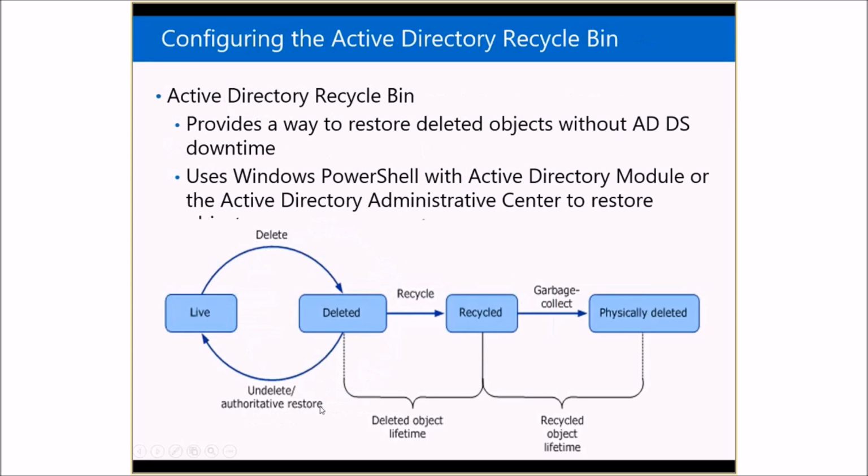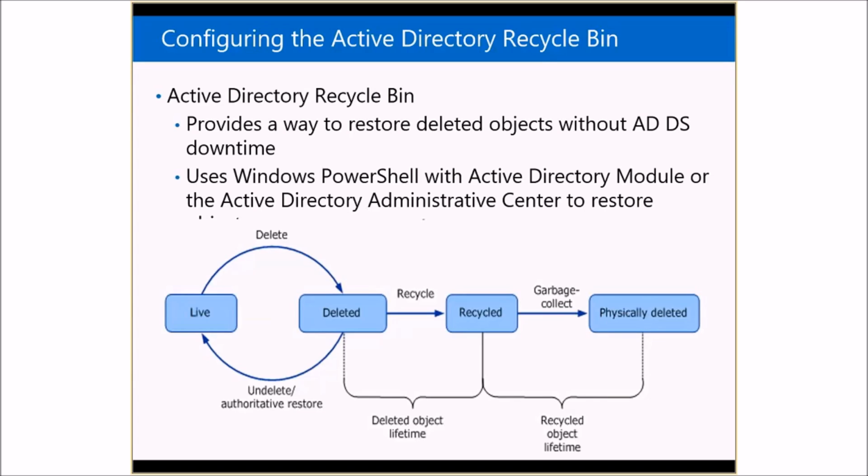So the new way is the Active Directory Recycle Bin, and we looked at this in the previous subject. It's just like it sounds. We all know what a recycle bin is on the file system. You delete something, it goes to the recycle bin before it's permanently deleted, and if you made a mistake, you go to the recycle bin and restore it. It's as easy as that. Active Directory Recycle Bin adds that same functionality to Active Directory, and it's very useful.